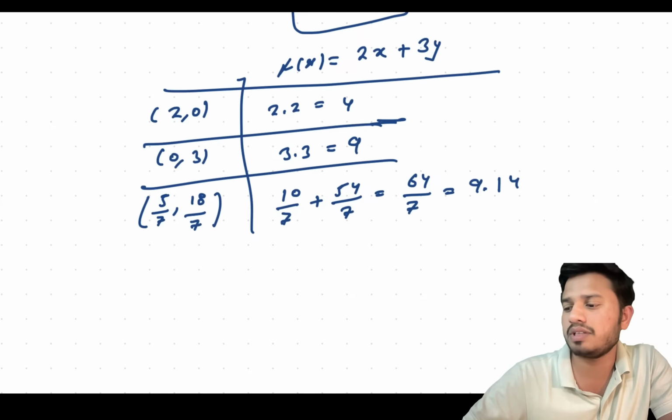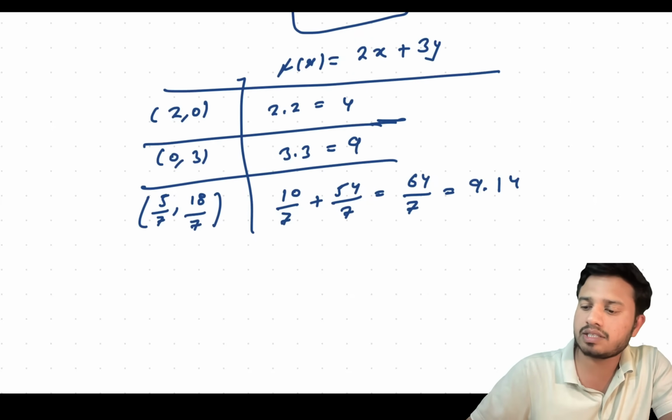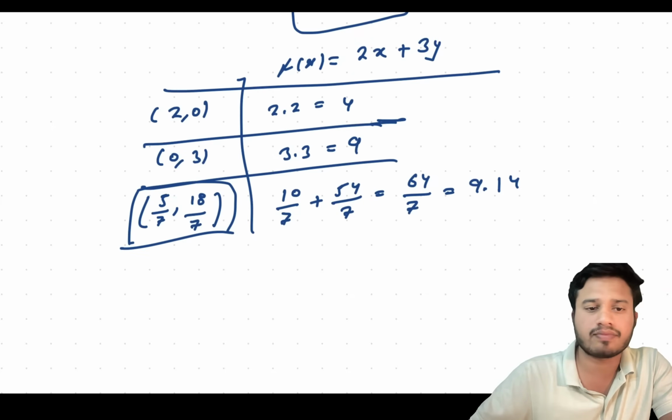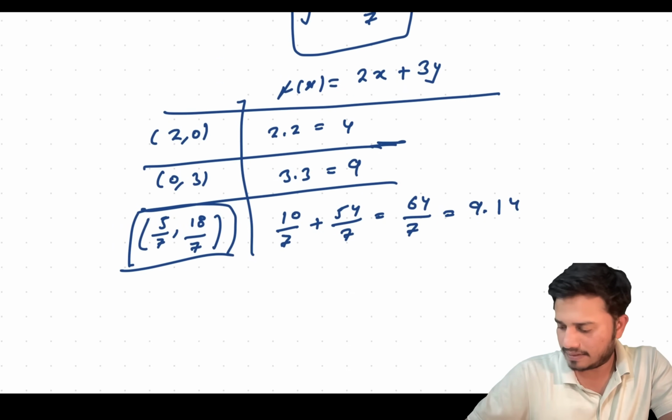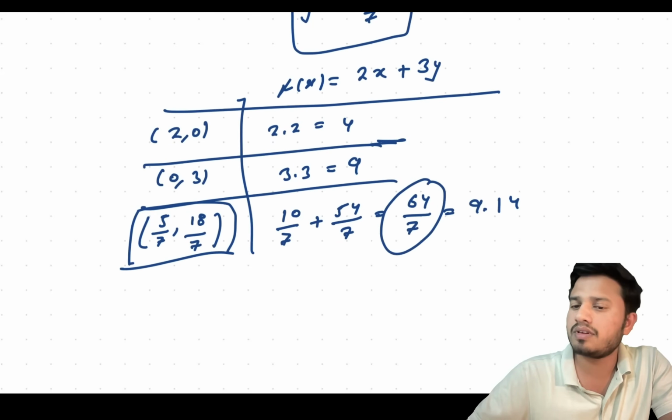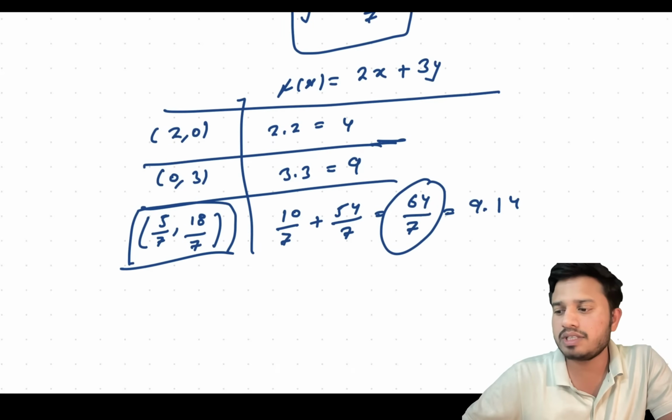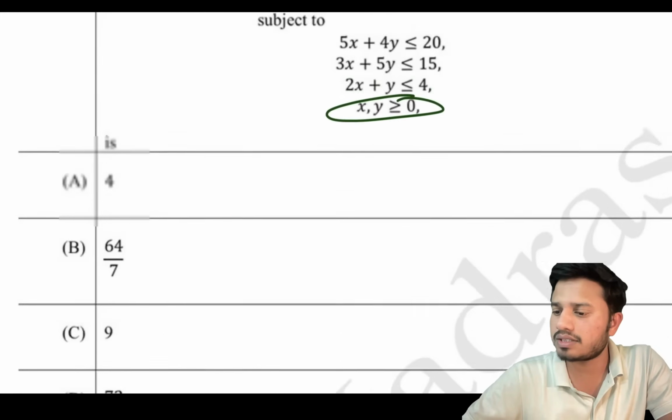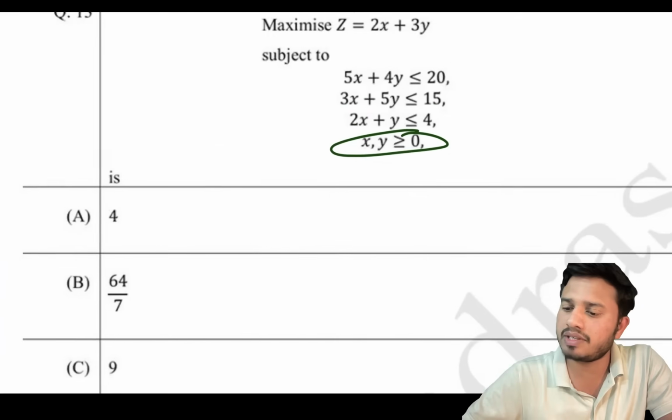Clearly this is giving the maximum value, which is 64 by 7. Optimal.